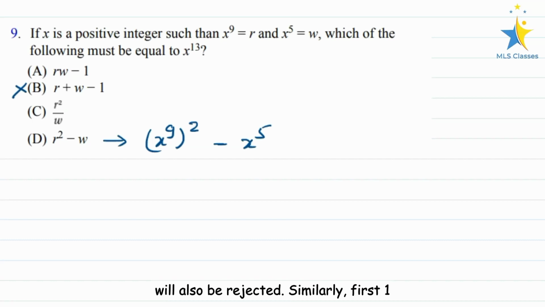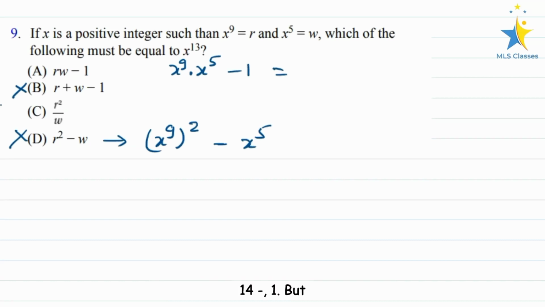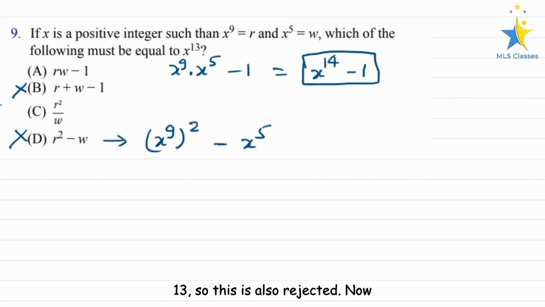So again this one will also be rejected. Similarly, first one, x to the power 9 times x to the power 5 minus 1. Here we can use the rule, that means x to the power 14 minus 1, but minus 1 is in the base, so that is not giving us x to the power 13. So this is also rejected.